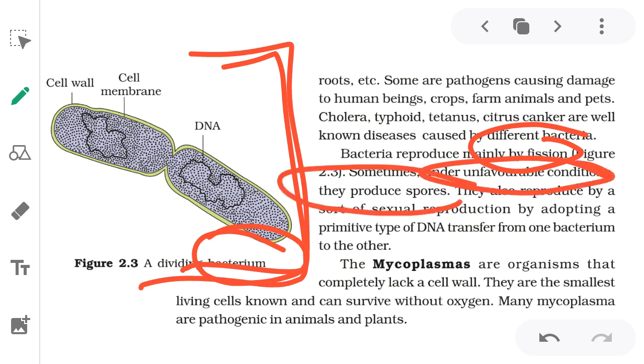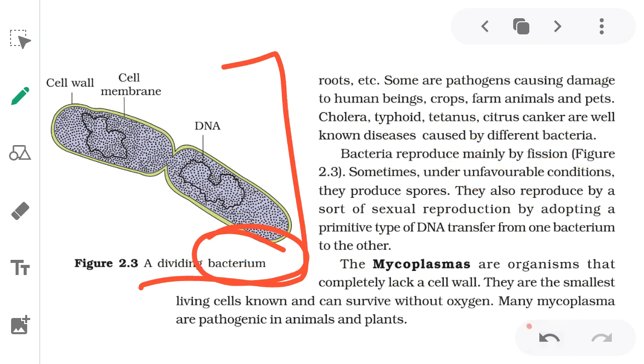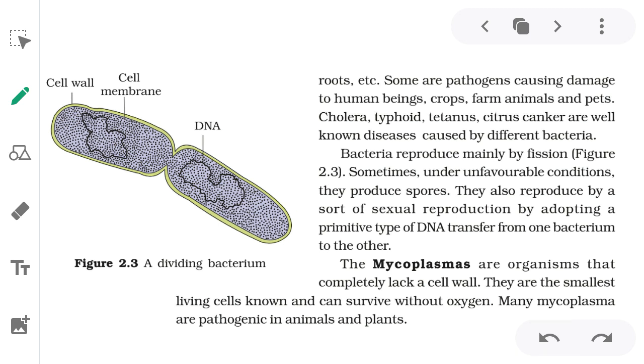They reproduce by spores. So spore formation is also used in the reproduction process by bacteria. Bacteria can reproduce by spores also. And the special structure, that is sexual reproduction, because binary fission is asexual reproduction which is used by the bacteria, but now we are talking about sexual reproduction, adopting a primitive type of DNA transfer from one bacterium to another bacterium.